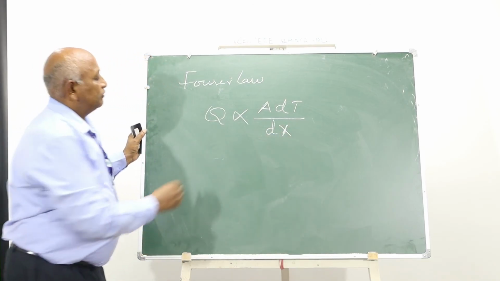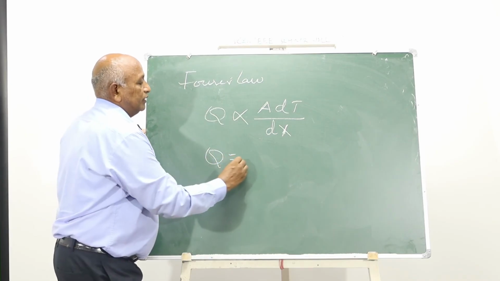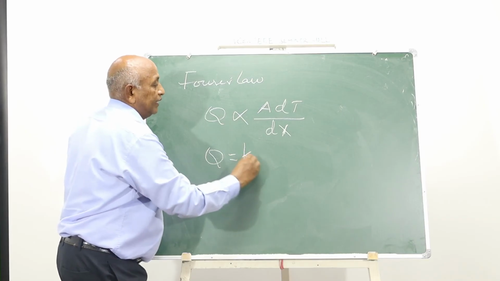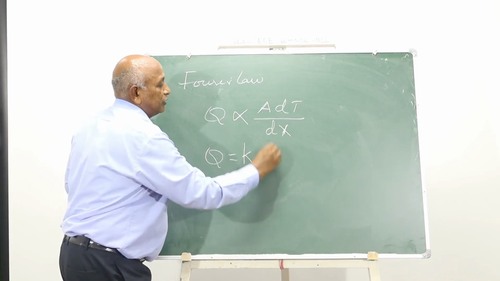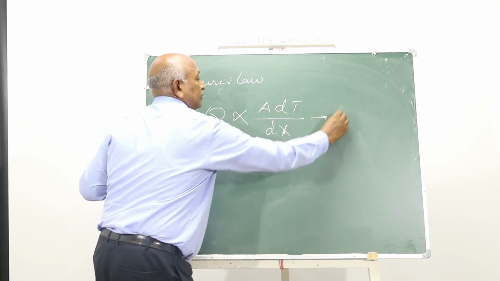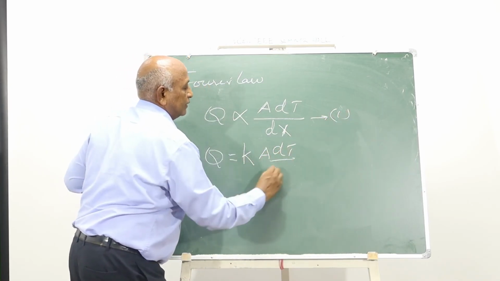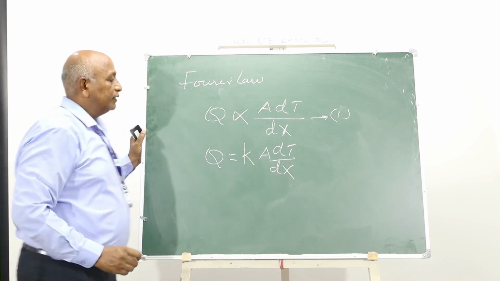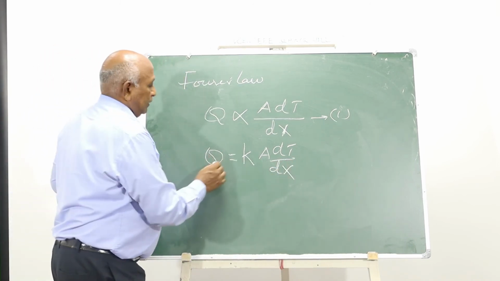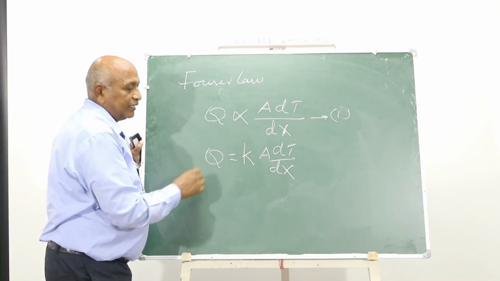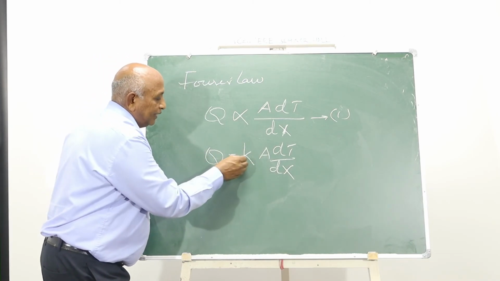Next we should remove the proportionality, incorporating a proportionality constant K. Then the equation becomes Q = K A dT/dx. In this equation, we have to incorporate the negative sign.